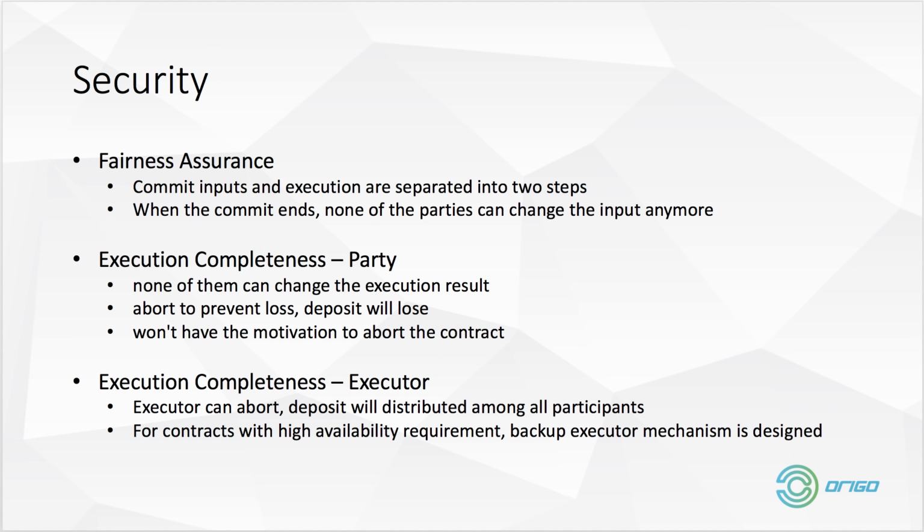There's no such possibility, because before starting the calculation in the smart contract, no one knows each other's inputs. Even the executor doesn't know them, and when they commit the inputs they cannot change them anymore. This way you keep the fairness.